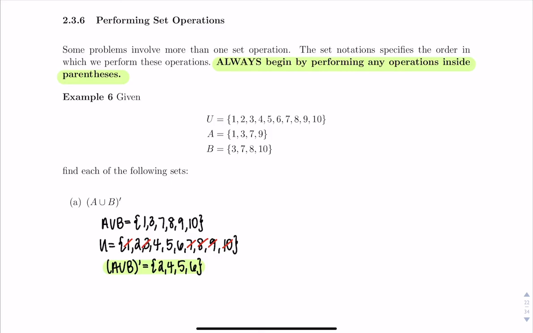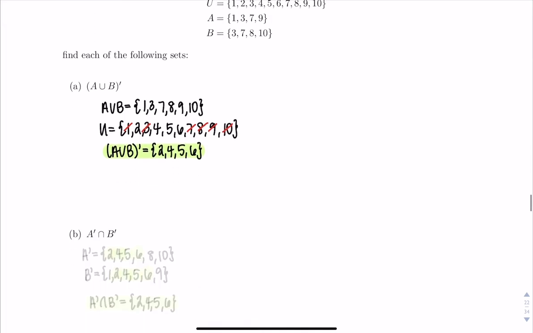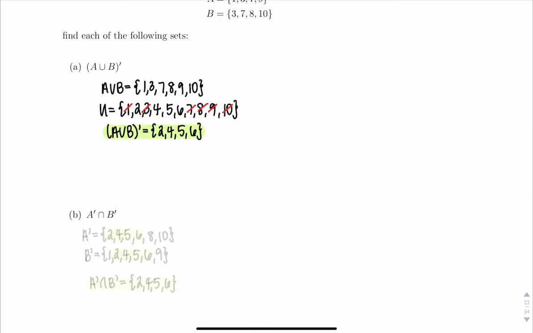Now let's do A complement intersect B complement. So we want to find A complement first. That's all the elements in the universal set that are not in A. So this would include 2, 4, 5, 6, 8, and 10. Let's go ahead and find B complement as well.